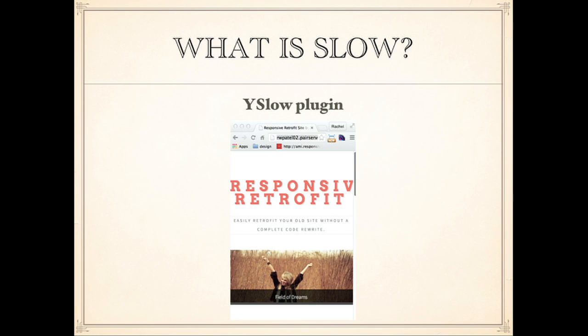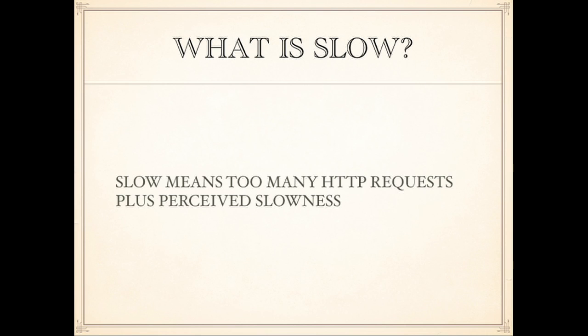So I showed you that YSlow plugin. I highly recommend that you do this. But we're still at this question of why slow, or slow means essentially too many HTTP requests plus this perceived slowness.